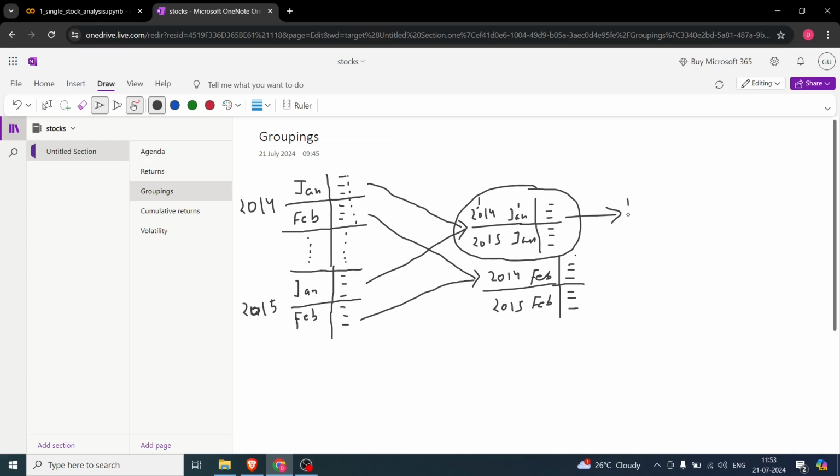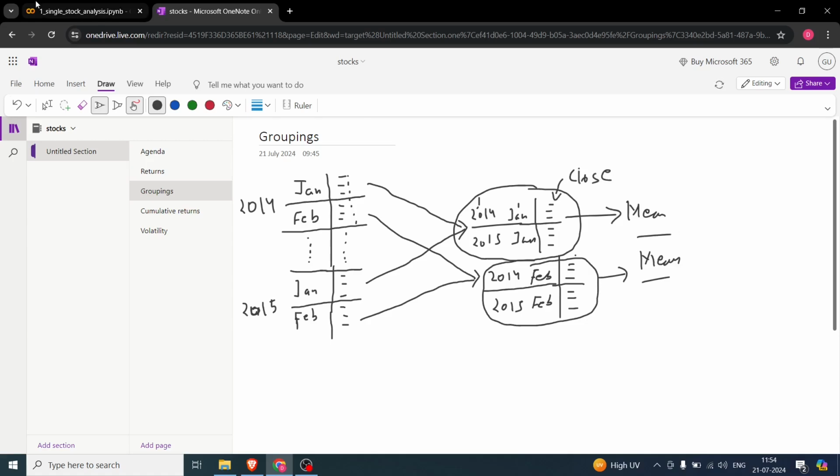After that we'll take the mean of that. Secondly, for February, all of the Februaries of the last 20 years, whatever data you have will be taken and we will find the mean of that. All these values are the close prices.